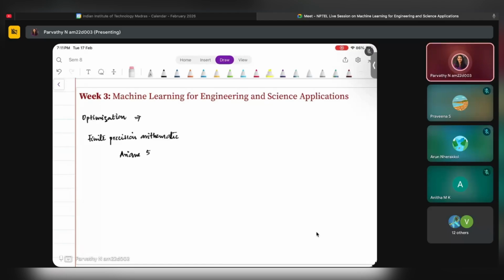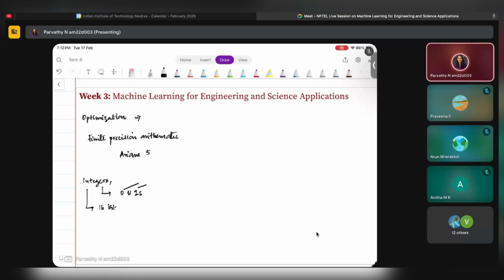If we take the numbers in a computer, they can be either integers or decimal numbers. All these numbers are represented as zeros and ones in the computer, and there are different types of representation. For example, integers can be represented using a 16-bit representation.